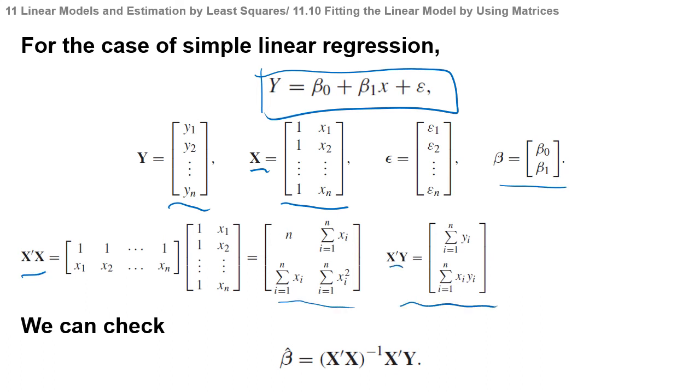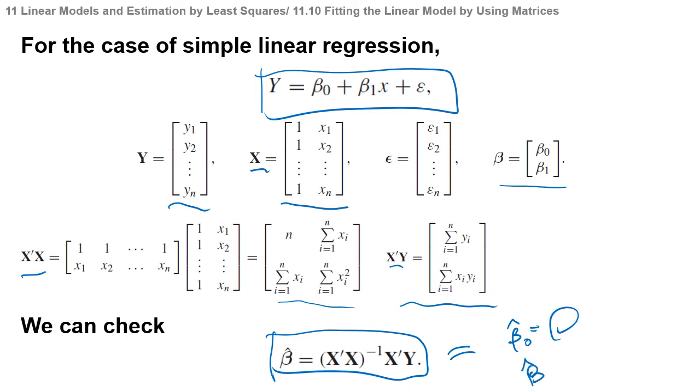And if you calculate beta hat equals (X transpose X) inverse X transpose y, you can check that it matches the one you derived for the simple linear regression case. So you can check by yourself what beta 0 hat and beta 1 hat are. Then you will see the calculation here and calculation here are actually the same.